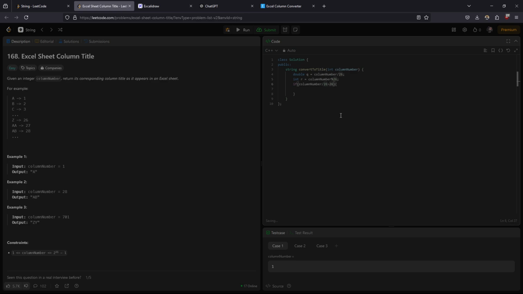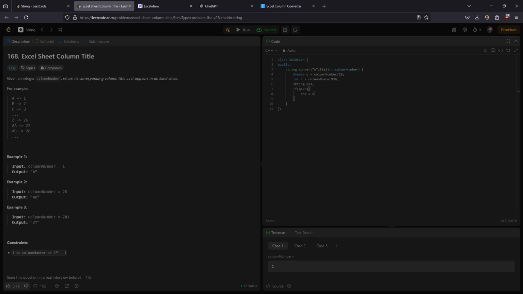So instead of putting it here, if the quotient is greater than 26, then first of all we will use another string variable for storing the answer.